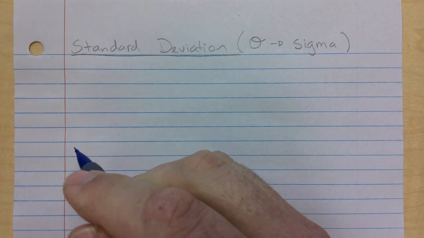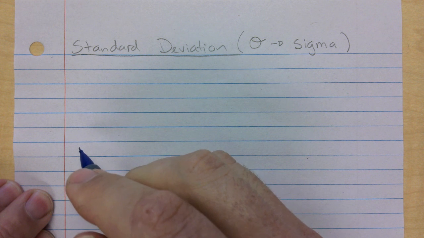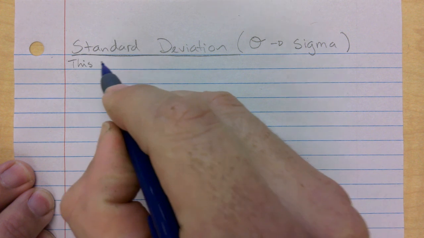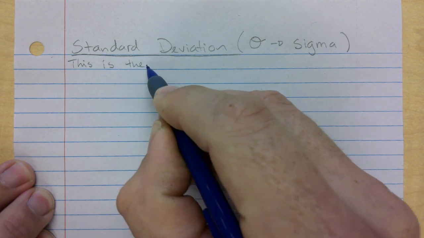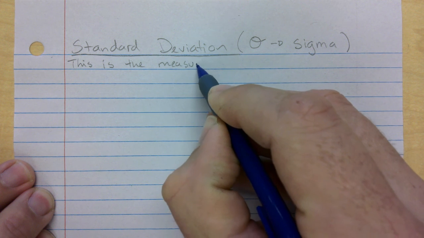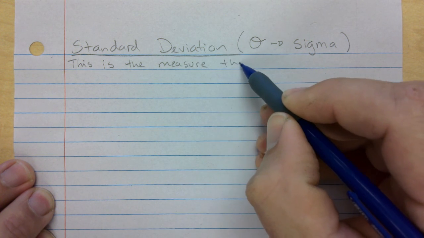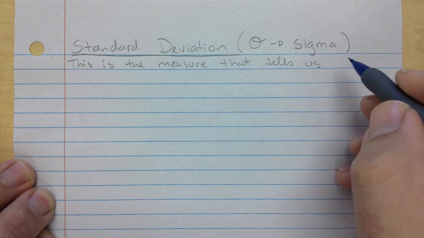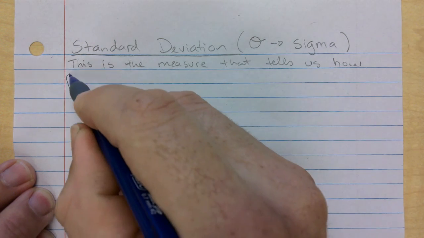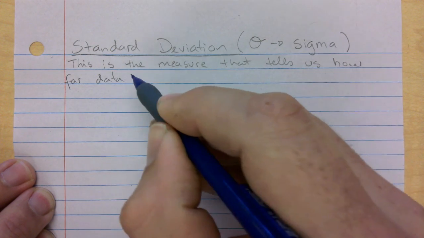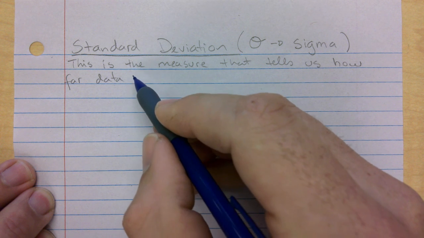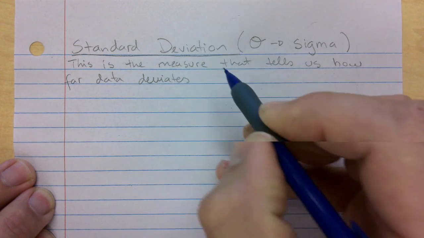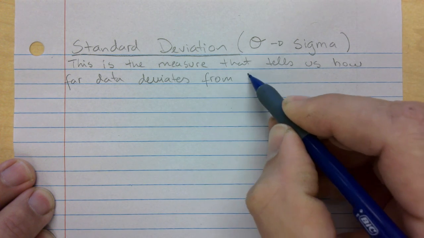So standard deviation, this is the measure that tells us how far data deviates from the mean.